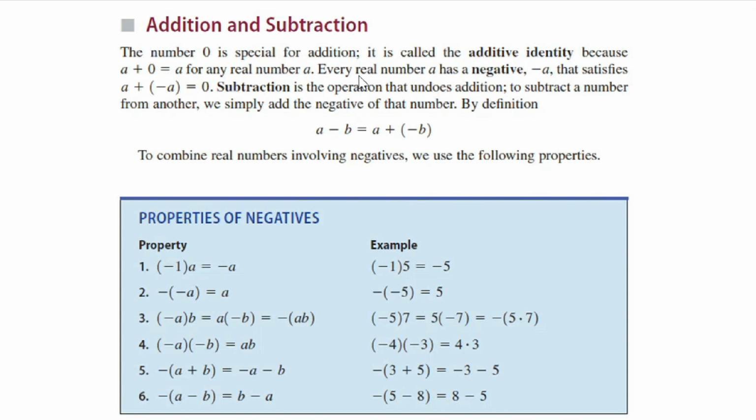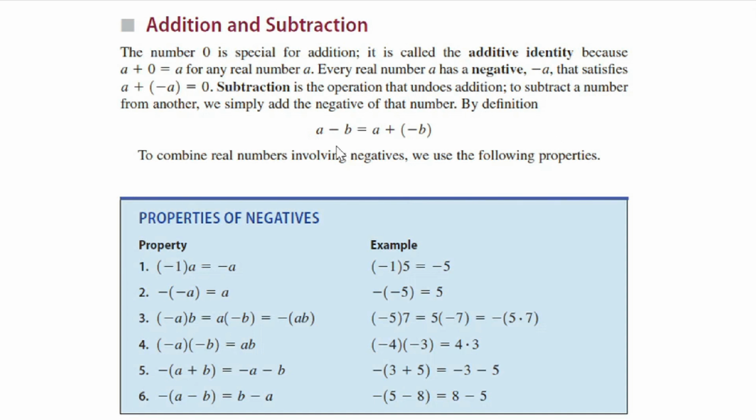Every real number a has a negative. So we have the negative of a that satisfies a plus the negative of a is equal to 0. So subtraction is the operation that undoes addition. To subtract a number from another, we simply add the negative of that number.